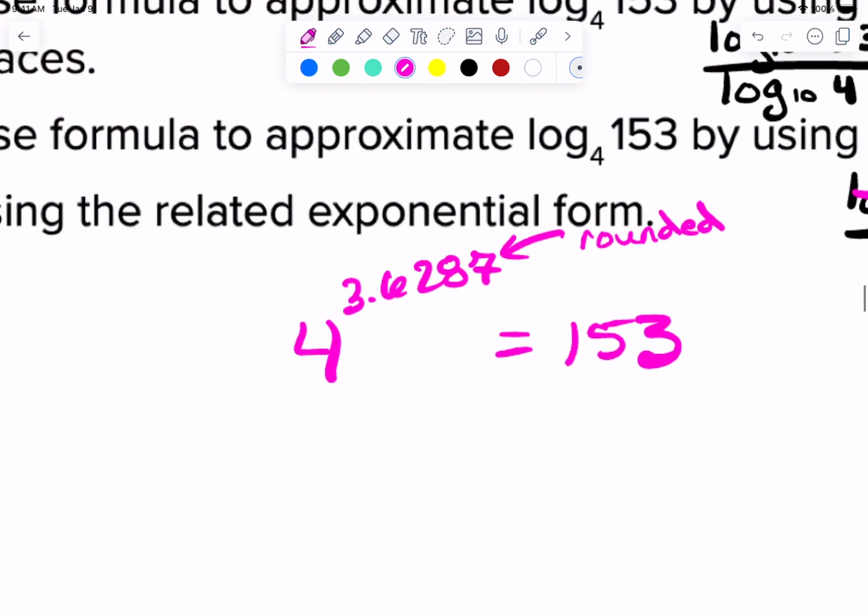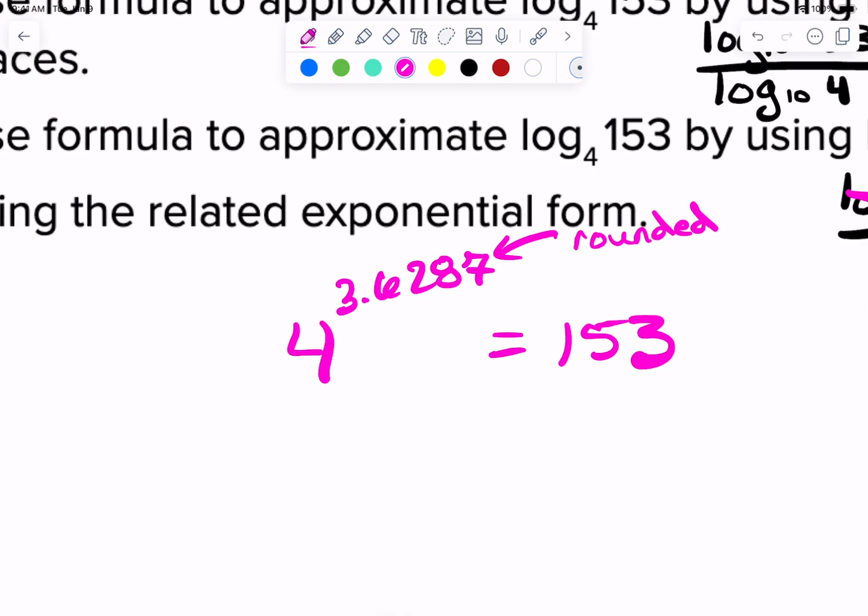So check it by plugging it back in: 4 to that power gives you approximately 153.